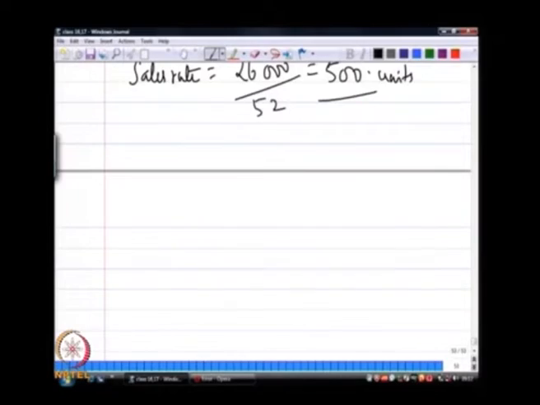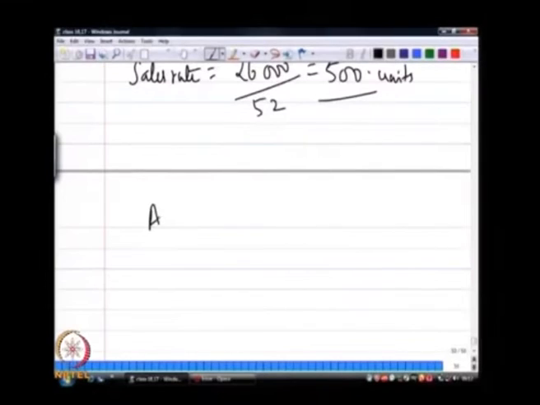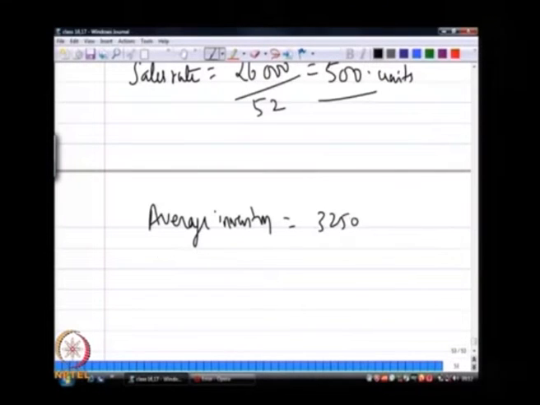Now, we know that the purchase price of an inventory is 4.92 per unit, and the average inventory is 3250.